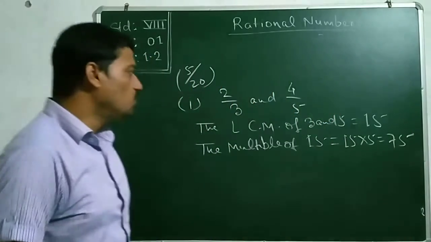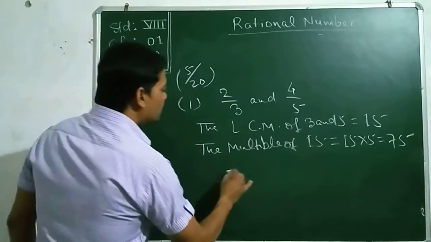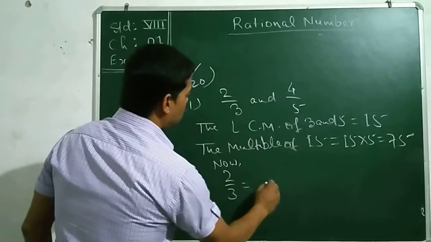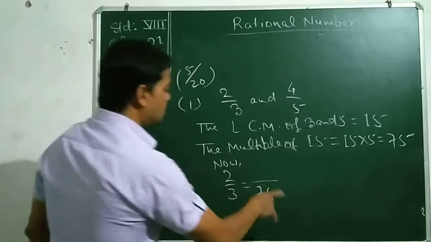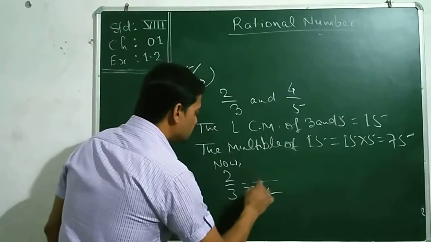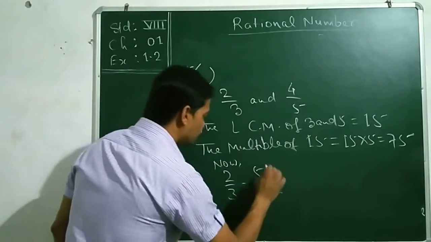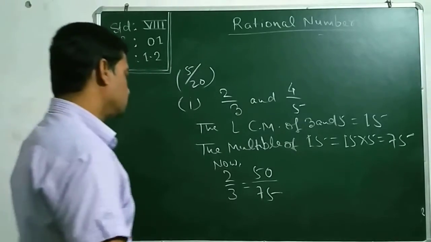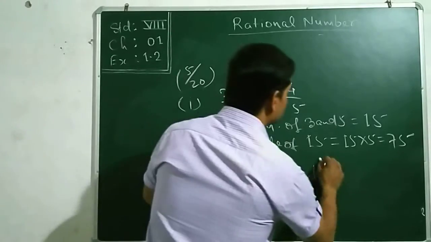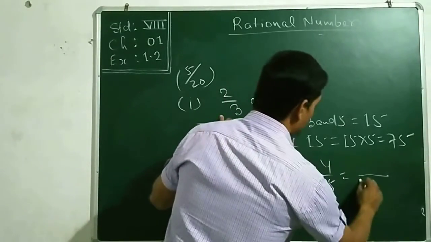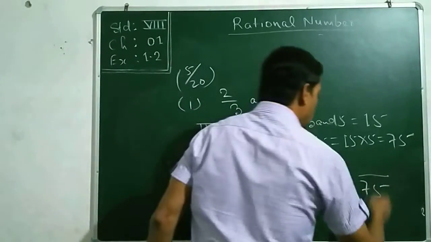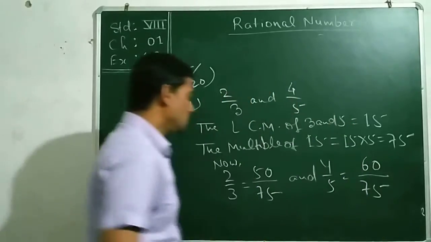You will get more than 5 numbers. Now 2 by 3 equals 75 denominator, 3 twenty-fives are 75, so 2 twenty-fives are 50. And 4 by 5 equals, denominator will be 75. 5 fifteens are 75, so 4 fifteens are 60.